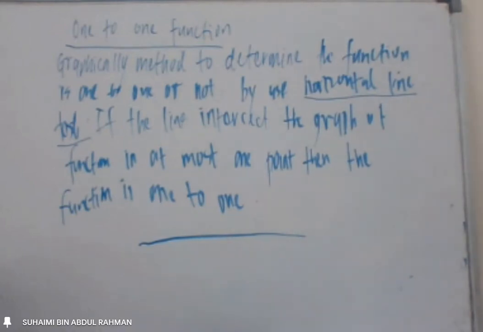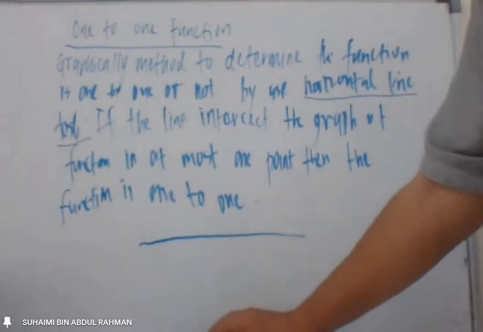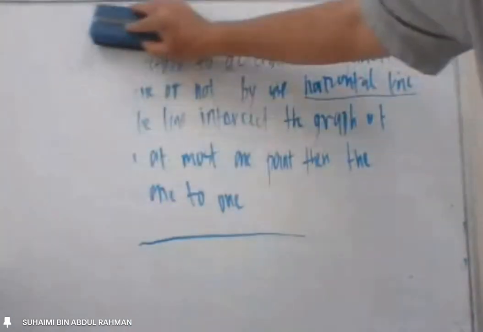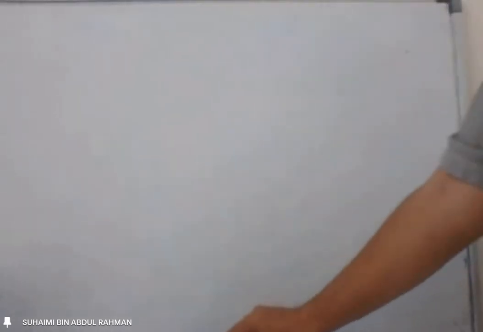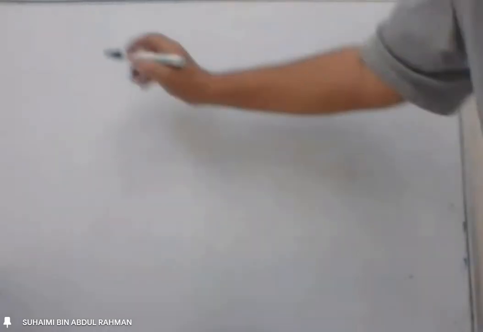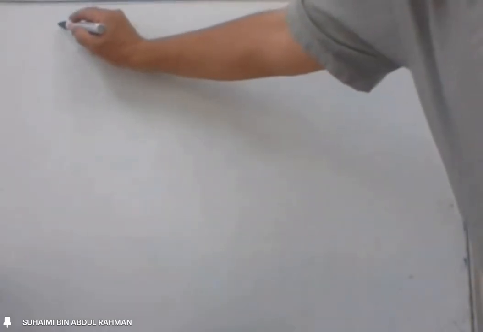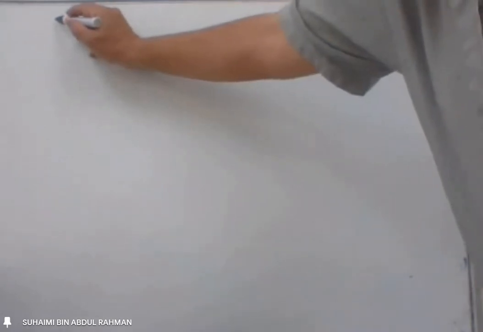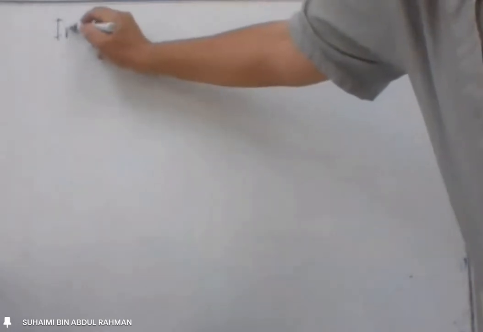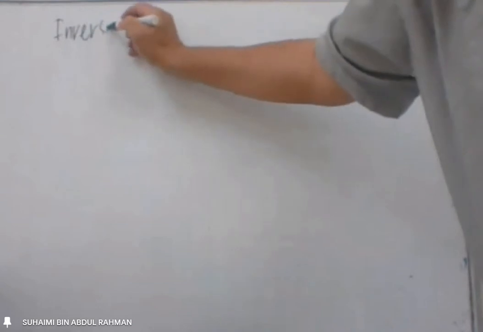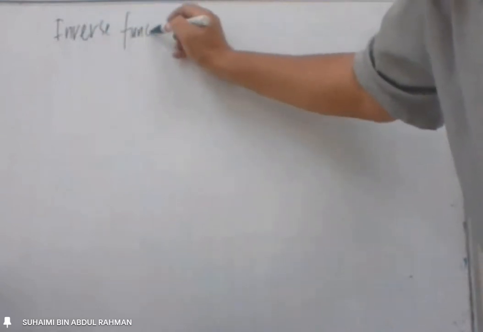When we say the function is one-to-one, the function is supposed to have an inverse.